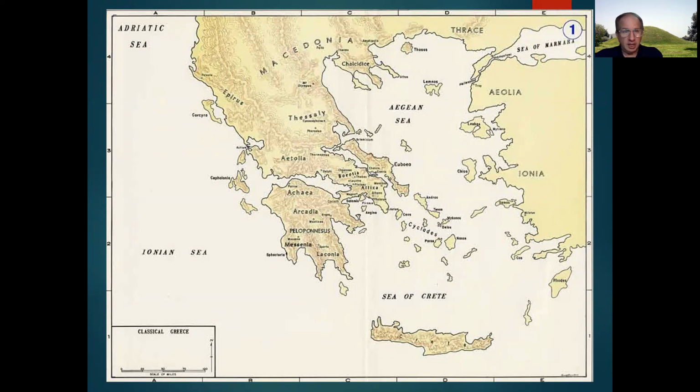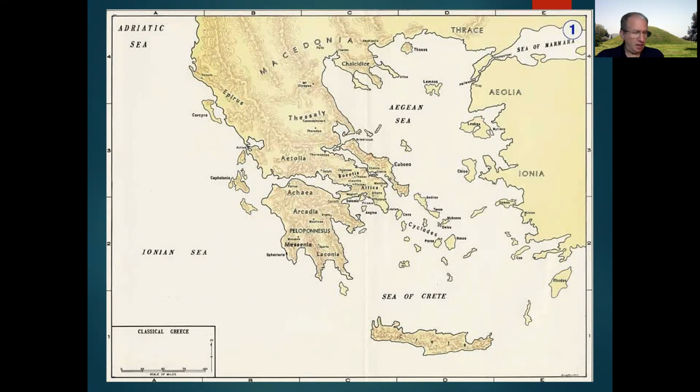Second, it is hilly everywhere, and in many areas mountainous, with elevations of between 8,000 and 10,000 feet high in some cases. And this resulted in the emergence of compact, independent city-states rather than a large kingdom or empire.